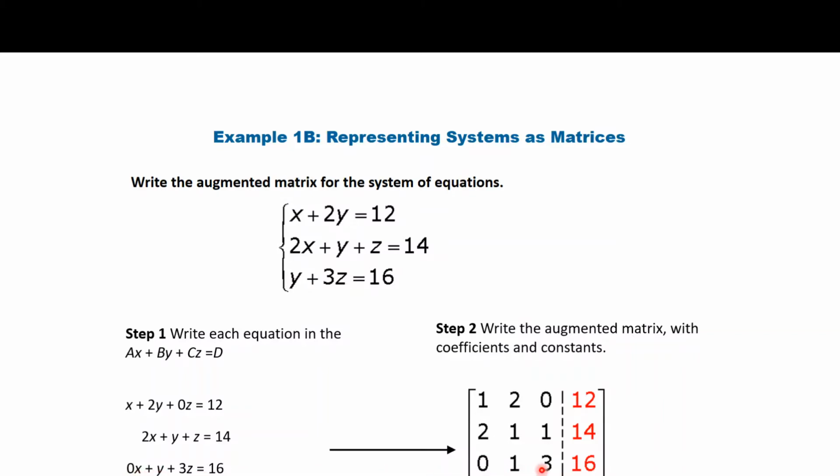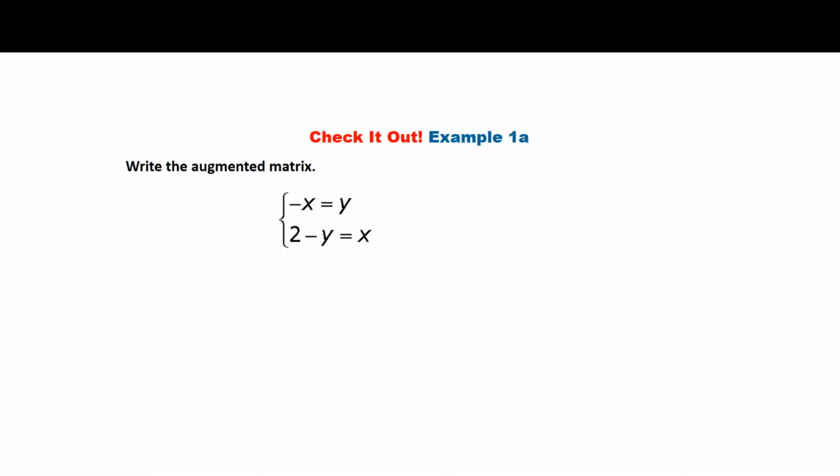That's our coefficient matrix. Now we're going to separate it with a vertical dashed line, and on this side we put our constants, 12, 14, 16. That's where we got it. So that's all you have to do when it asks to write an augmented matrix. Go ahead and try this one on your own. Turn the video off and give it a try.